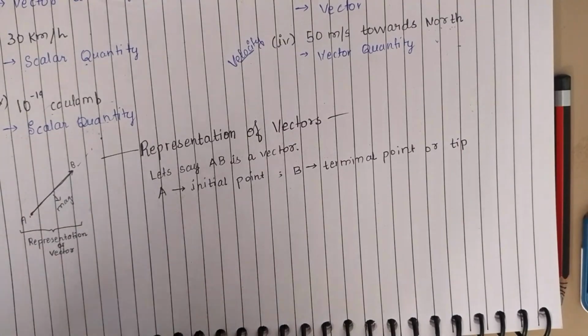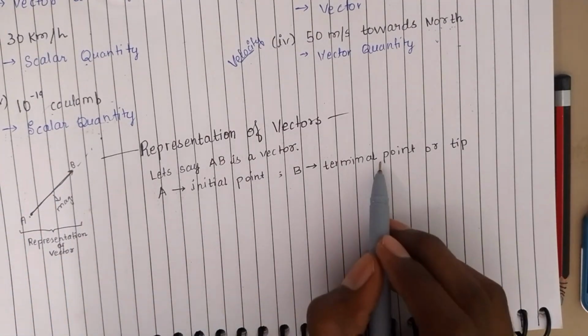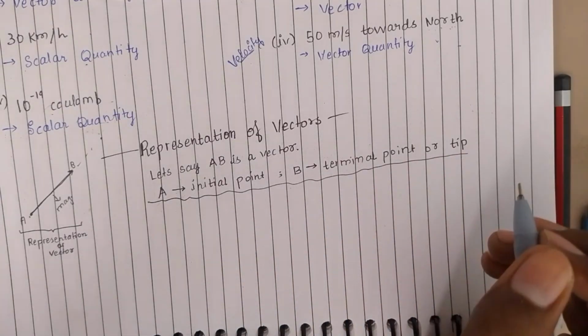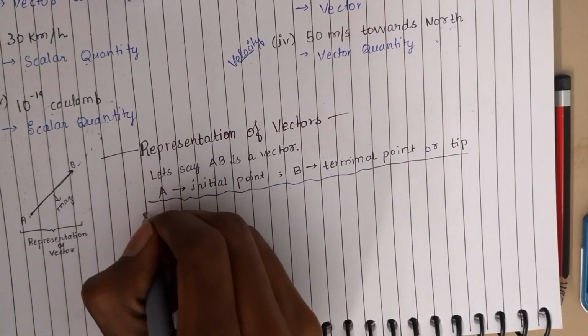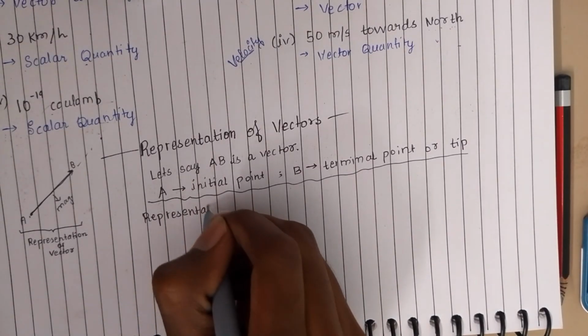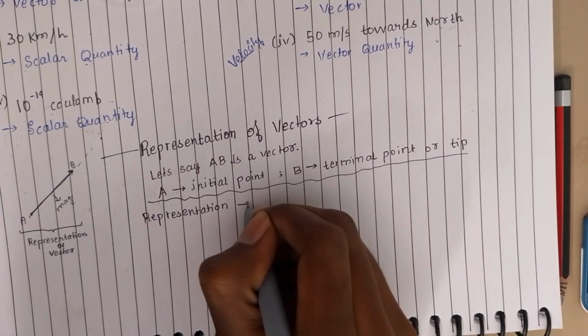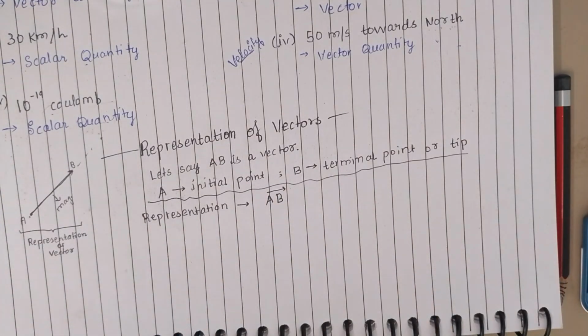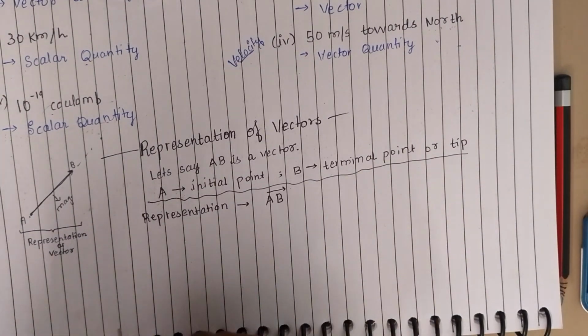The point A is called the initial point and the point B is called the terminal point. Let's underline this part, the representation, this one is important. It is represented as AB with an arrow mark on top. Done. This is how we represent a vector. There are a few more parts about that, but we will highlight this part, representation of a vector.